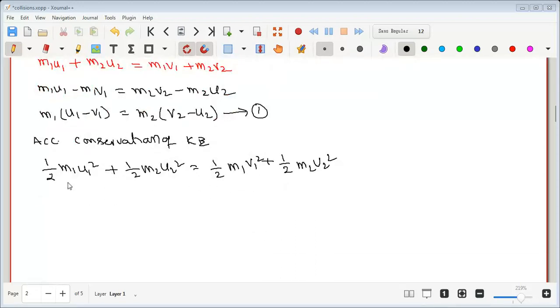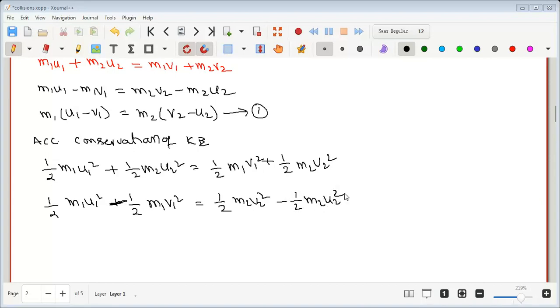Now write m1 values on the left side: half m1 u1 square minus half m1 v1 square is equal to half m2 v2 square minus half m2 u2 square.